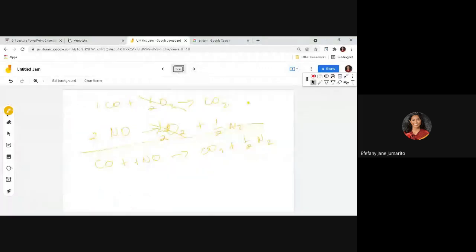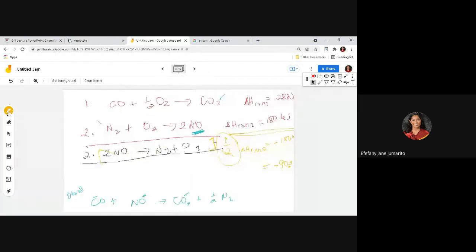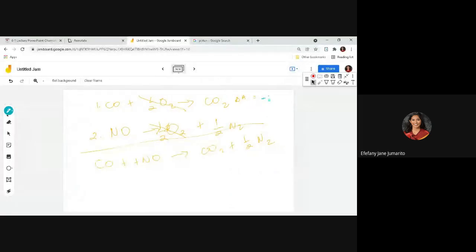So we have this one, delta H is equal to negative 283.0 joules. Then delta H for number 2 is equal to negative 90.3. So what will be the heat enthalpy for the overall reaction? It will be just the sum.